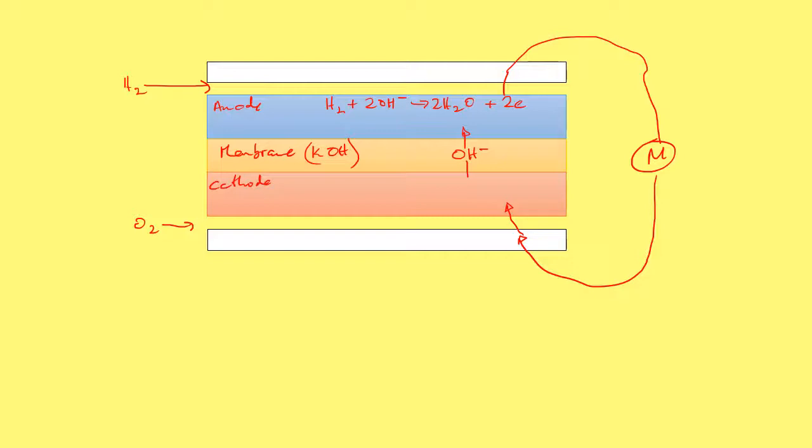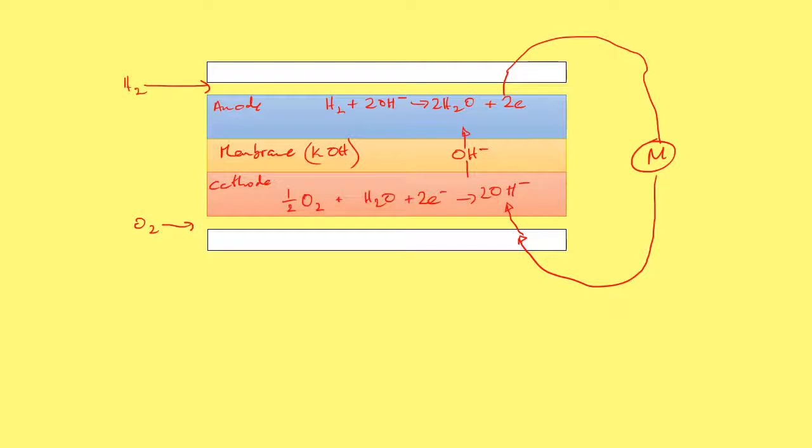Okay, so at the cathode, the reaction that happens here in an alkaline fuel cell like this is that our oxygen, and just balance it while we're at it, our oxygen reacts with some of the water that has been made in the anode reaction, and it gets together with these electrons that have come around the circuit and makes some hydroxide ions.